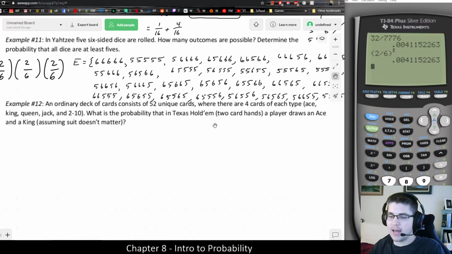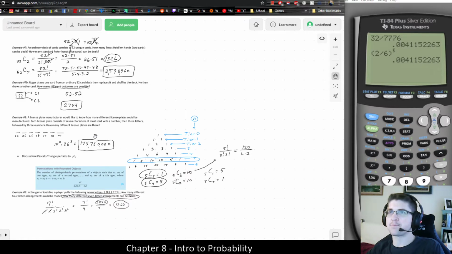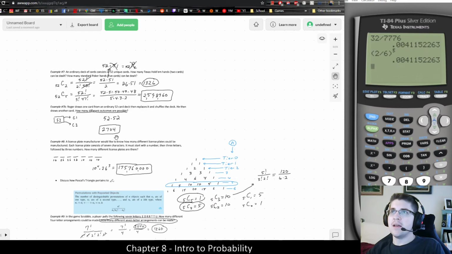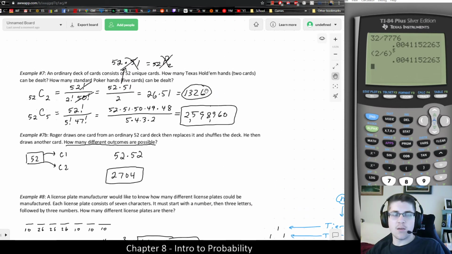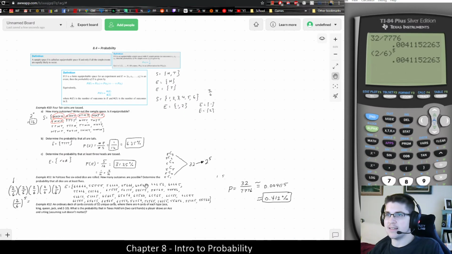If we think about how many total possible hands there were in Texas Hold'em, this was something we did in the previous slide. Remember that there were 1,326 unique hands, and we use combinations to do that because ace king and king ace of different suits are considered the same hand, and it cut down on half of them really at the end of the day.